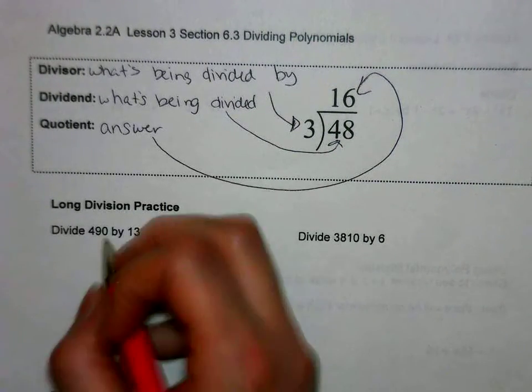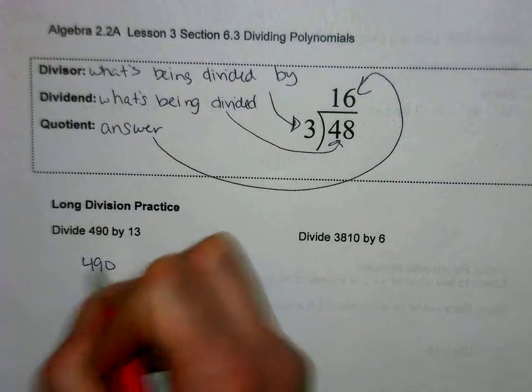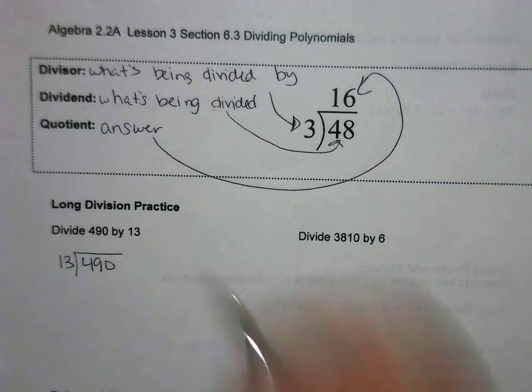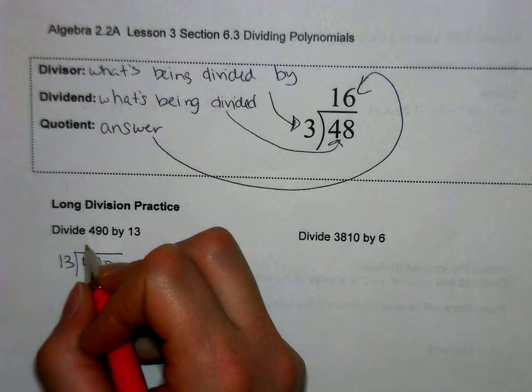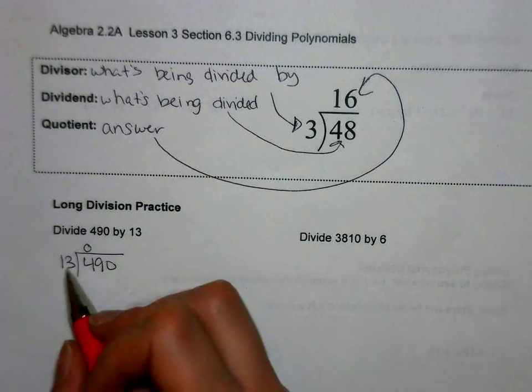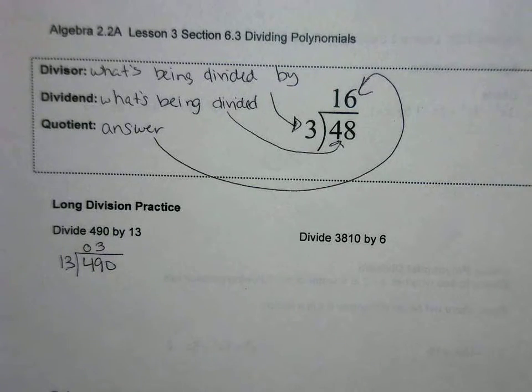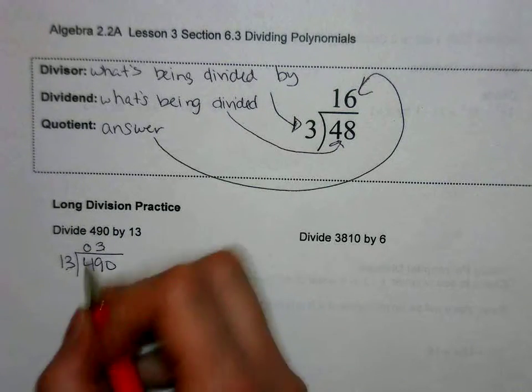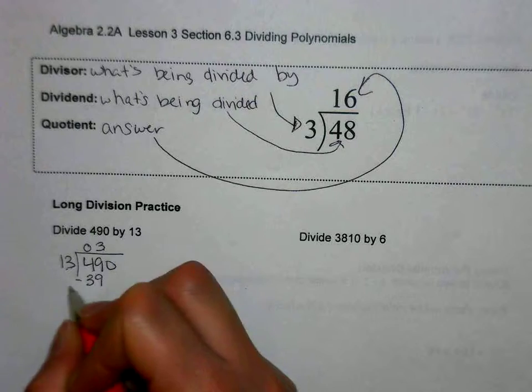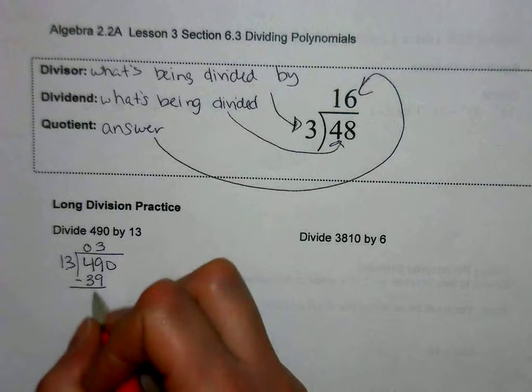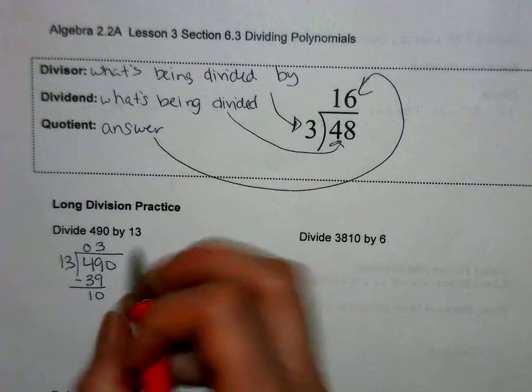So let's do a practice problem. We have 490 being divided by 13. 13 can go into 4 0 times. 13 can go into 49 3 times. 3 times 13 is 39. 49 minus 39 is 10.